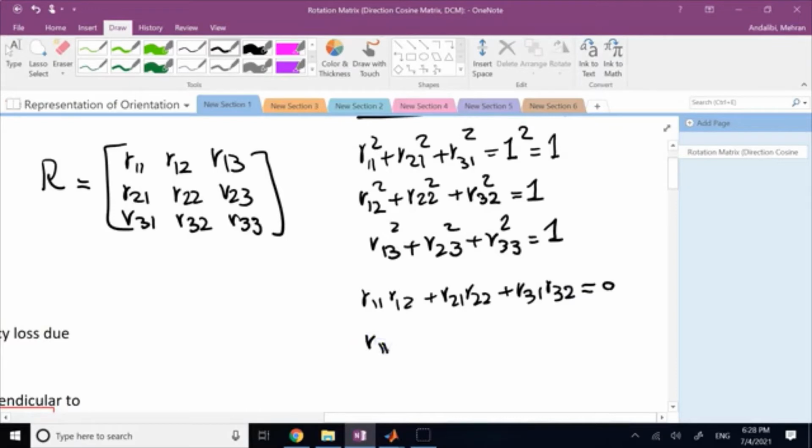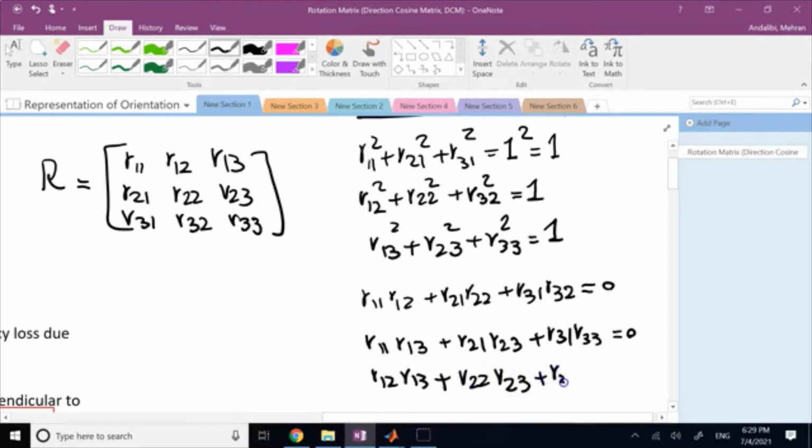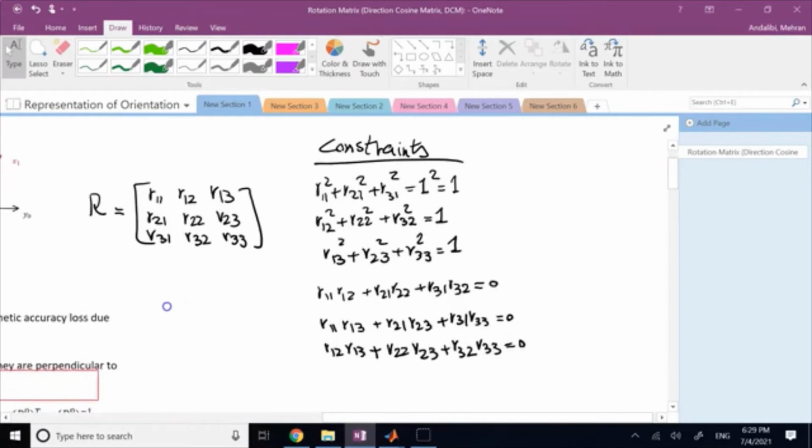You can do a similar thing here. This is R13 and then R21 times R23 and then plus R31 times R33 is equal to 0. And then the second column is perpendicular to the third one. Okay, so these are my 6 constraints.